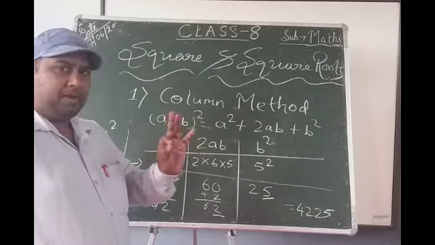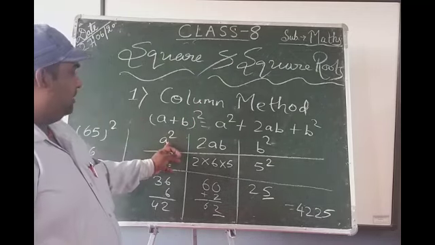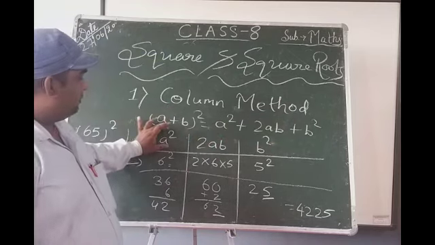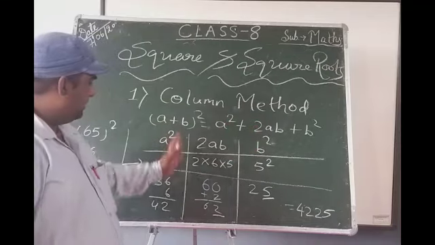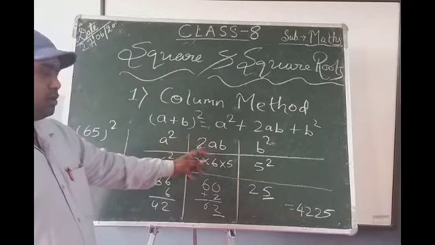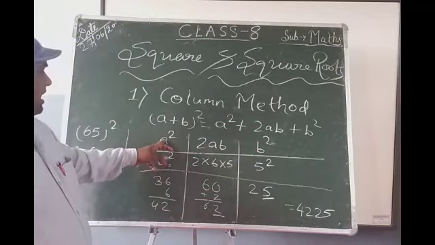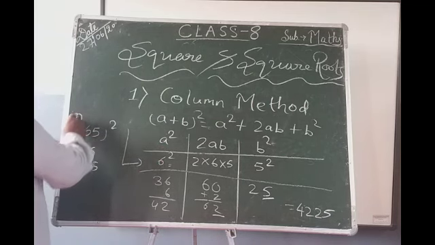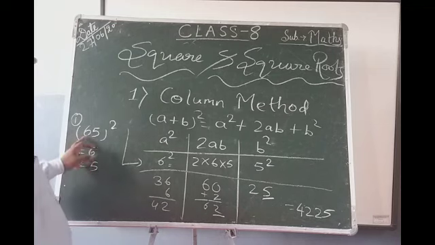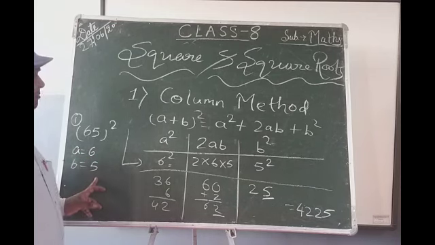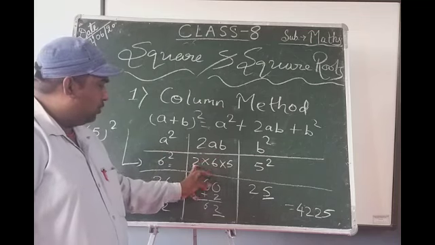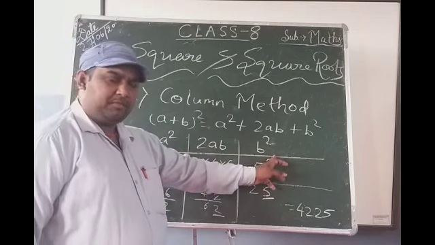What we have done: we apply this formula in the column method, a square, 2ab and b square. We make 3 columns of that. In the example, we have to find the square of 65. We have taken a as 6 and b as 5. A square means 6 square, 2ab is 2 into 6 into 5, b square is 5 square.